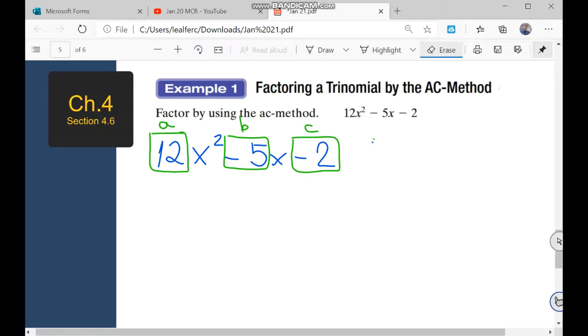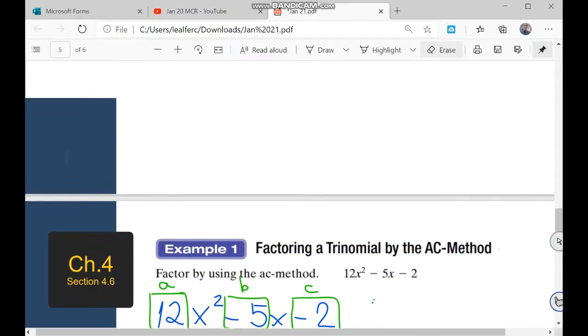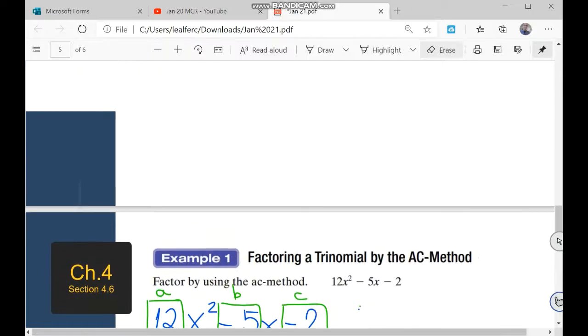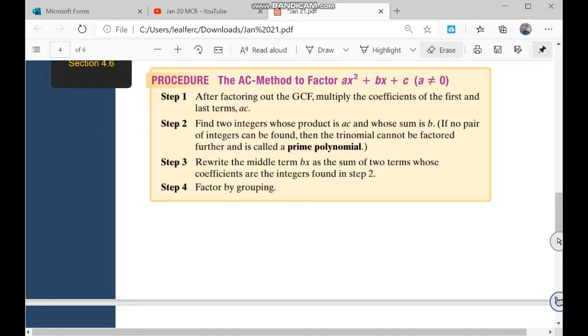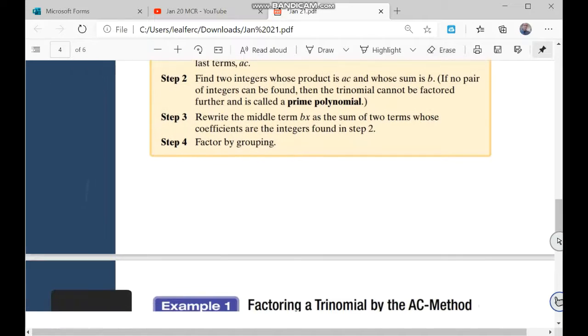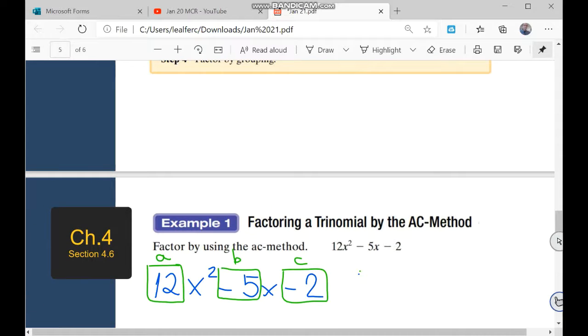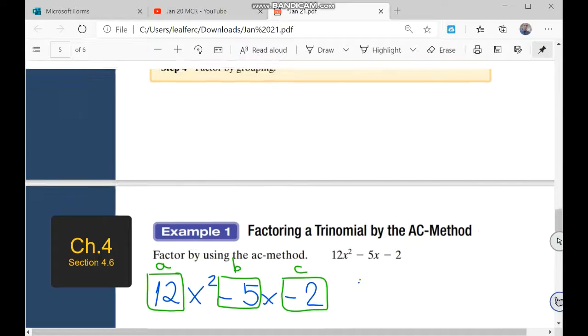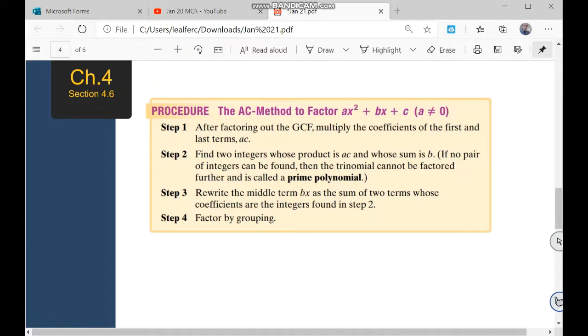Now I'll work the first step. After factoring out the greatest common factor, we don't have any greatest common factor that is common to the three terms, so we will move to the next step.